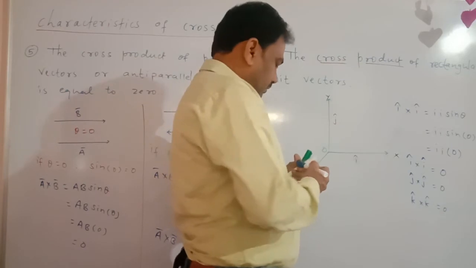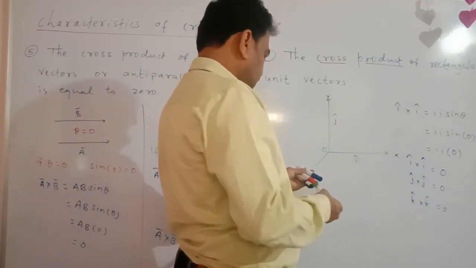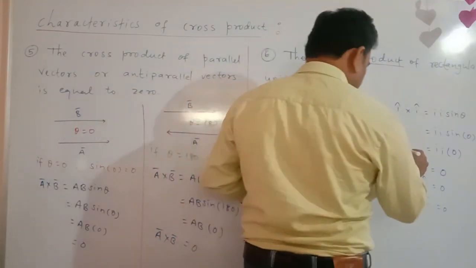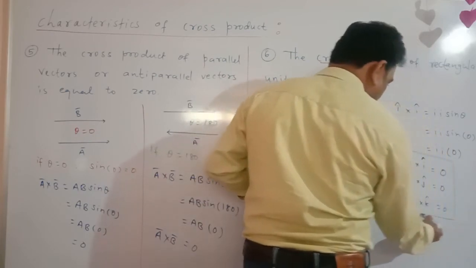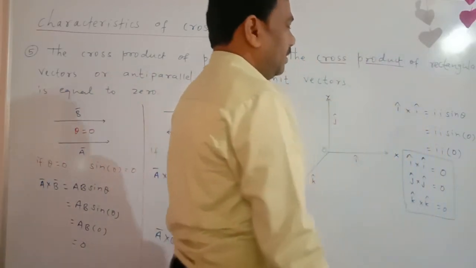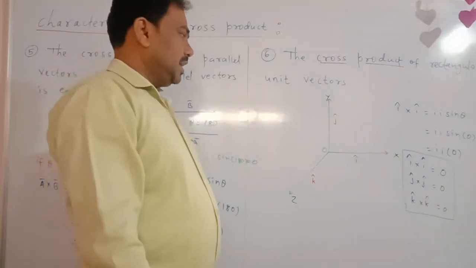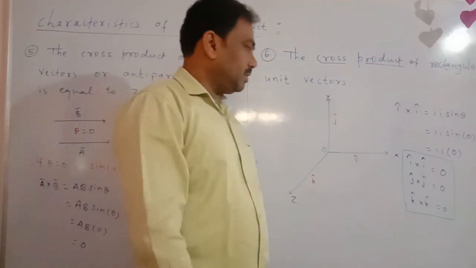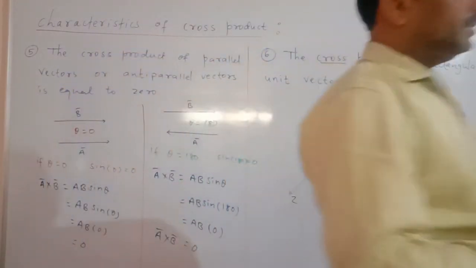So for solving numericals or critical applications which depend on this topic, you should memorize these 3 points: i cap cross i cap is equal to 0, then j cap cross j cap is also 0, and k cap cross k cap is also equal to 0.